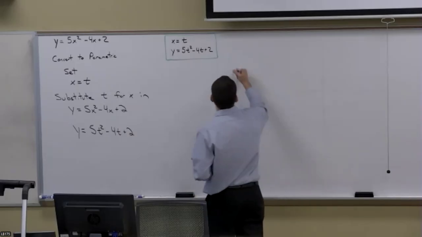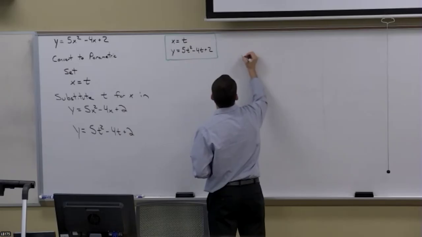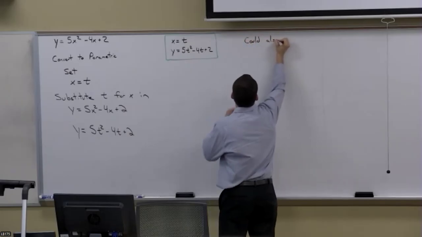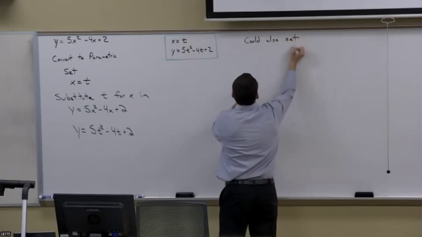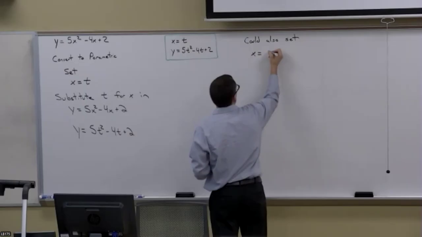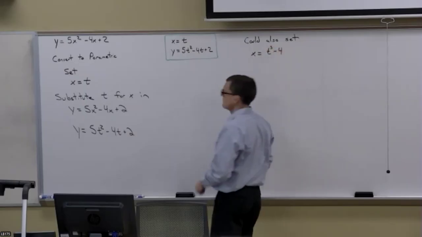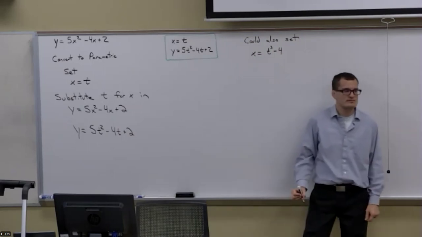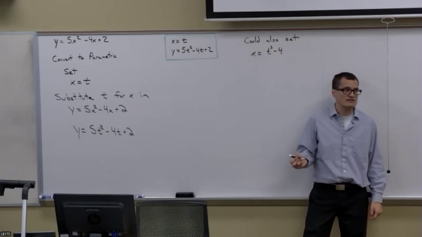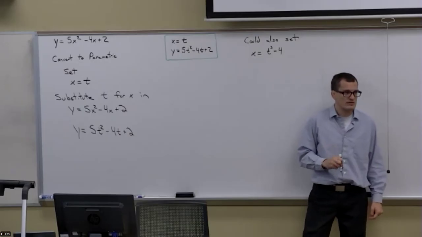You could have also set x equals, I don't know, t to the third minus 4 if I wanted to. And then replace every x I see with a t to the third minus 4.